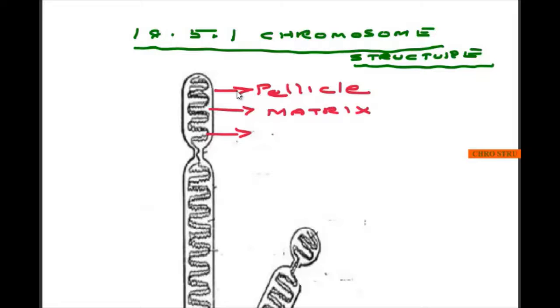We call these chromonema, or chromonemata, and they have some bead-like structures in them. We call them chromomeres.